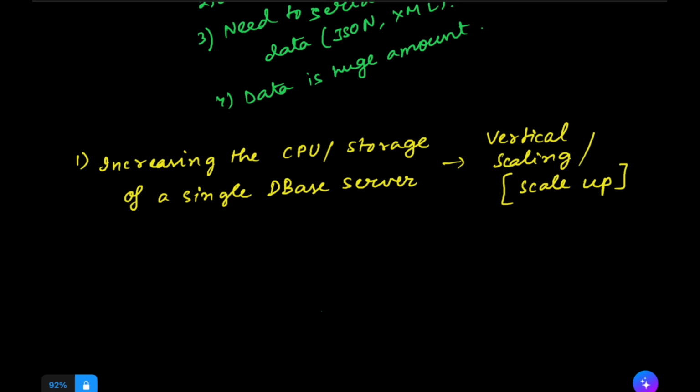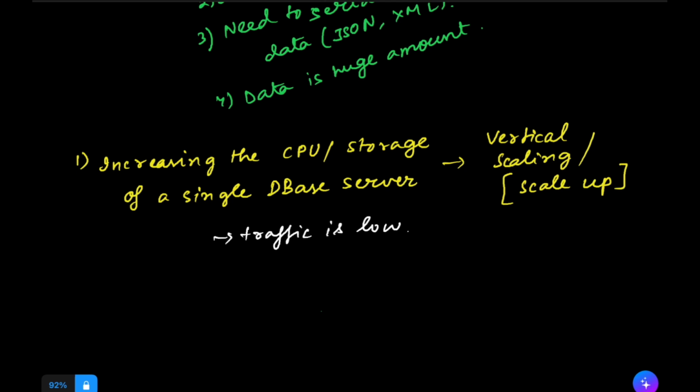This is favorable when the traffic is low, but unfortunately vertical scaling has a hard limit, just like I explained. It is impossible to add unlimited CPU and memory to a single server, and it also does not support failover and redundancy. If a particular database server is down, then the entire system goes down, because there is no other server to cater to the request, or to fetch the data from.